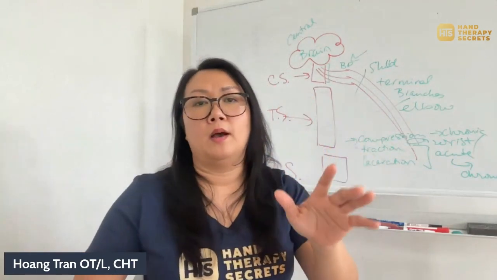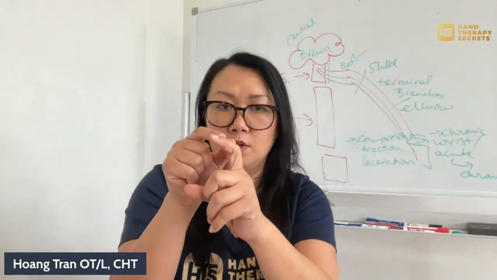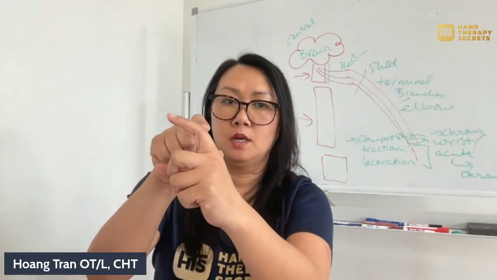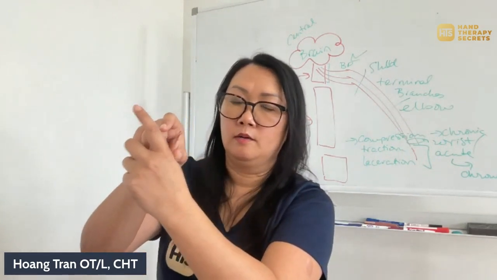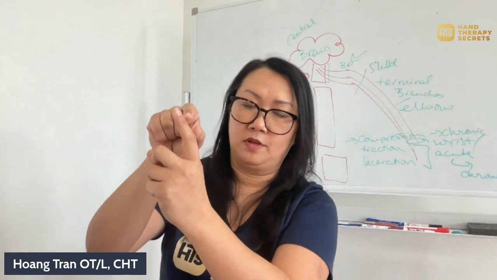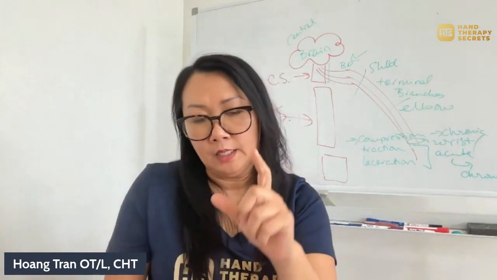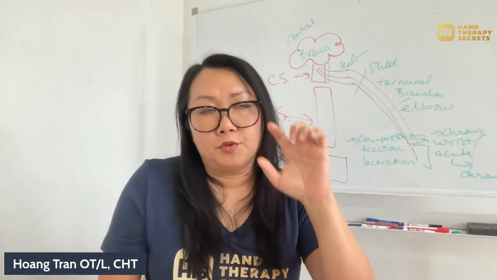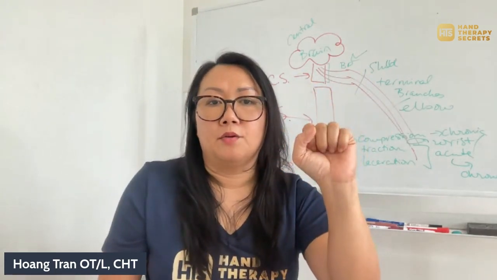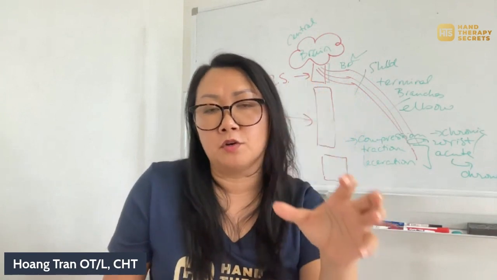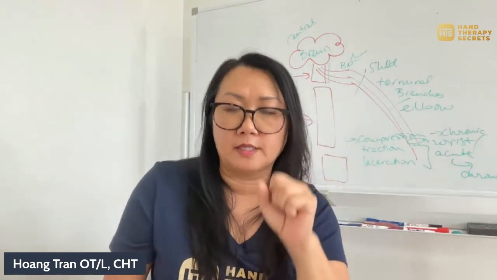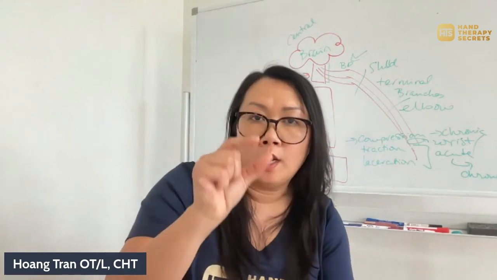But if you think about your bone, right? Let's think about this as P1, the proximal phalanx, middle phalanx, and distal phalanx. So this is P1, P2, P3. The three phalanxes give your fingers structure to be able to flex and extend, right? It's one piece.